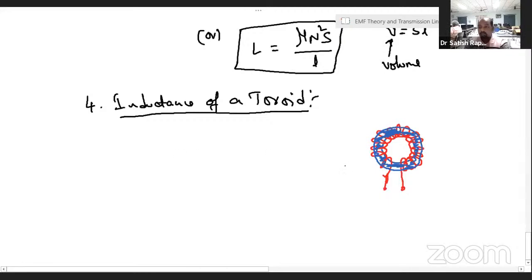And let us say the radius, this is the radius R, right?